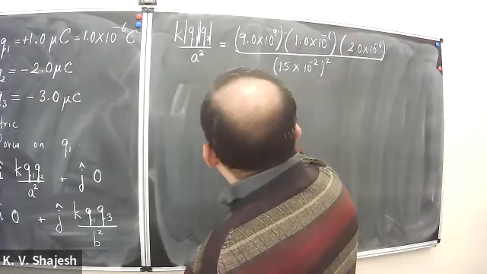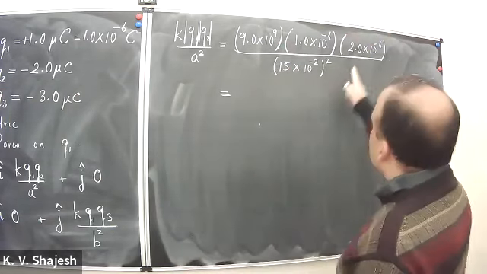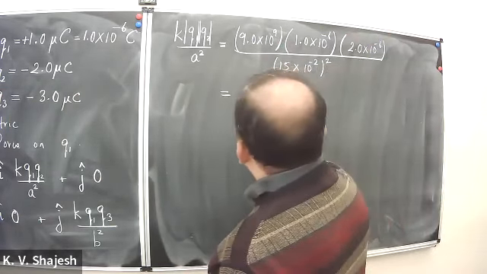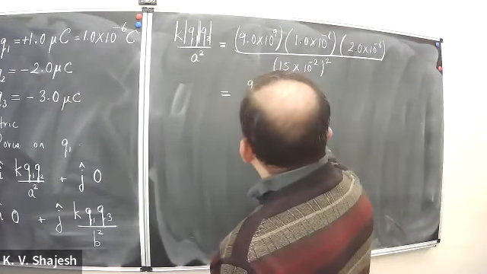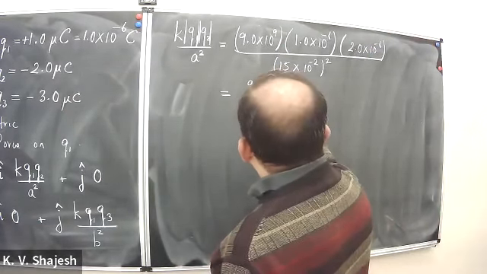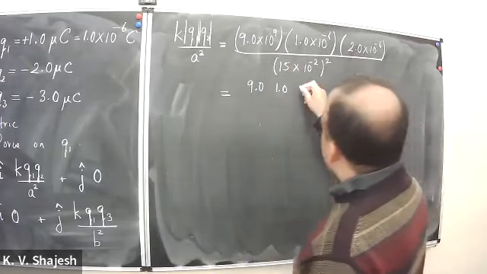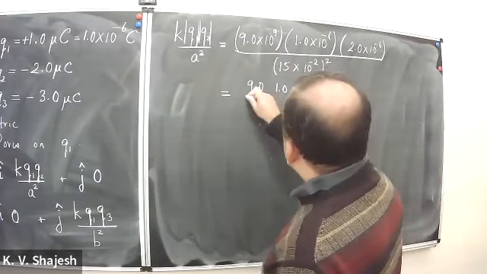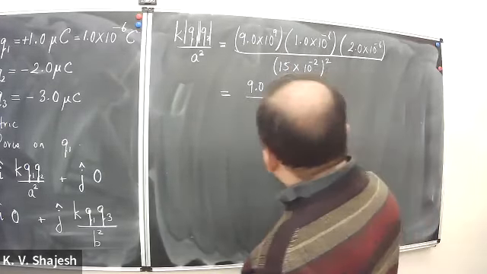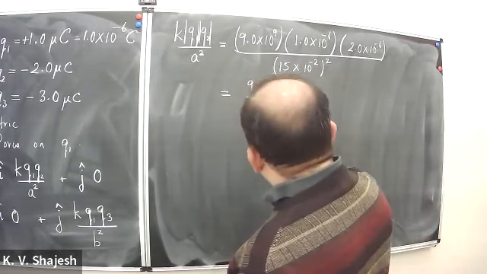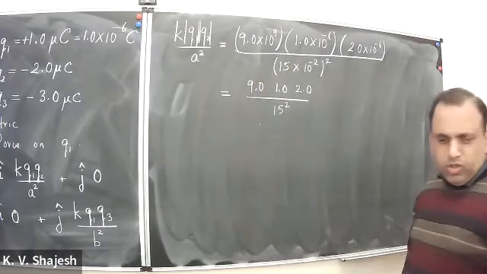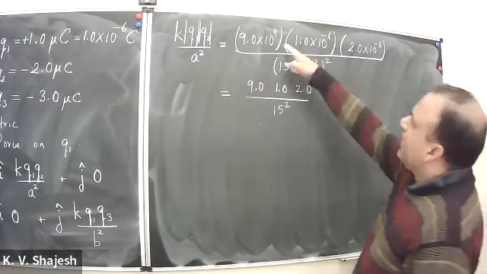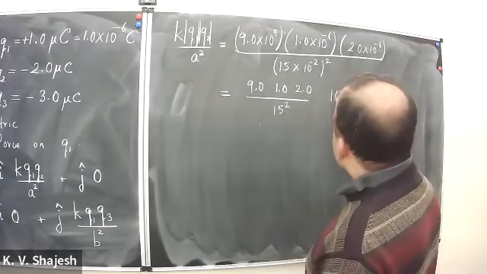Sometimes, at least I like to do these numbers separately. So I say 9.0 times 1.0, right? I'm putting all the numbers in front first. And then that is 15. Do not forget the 15 squared. I put those numbers separately, and the powers can just add up.